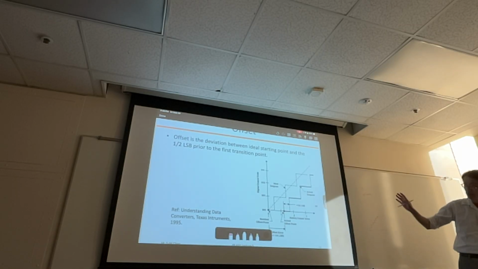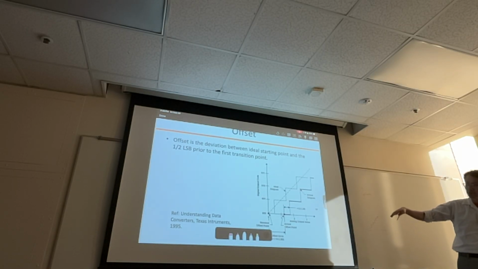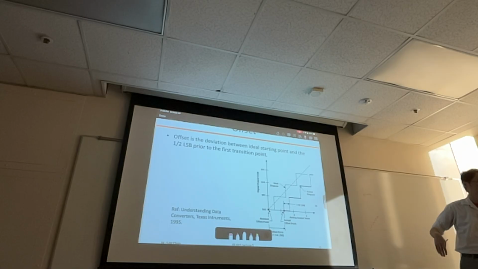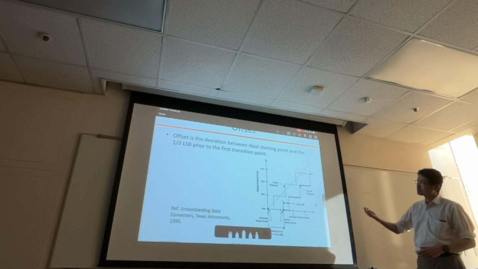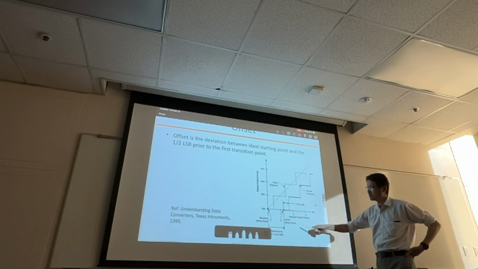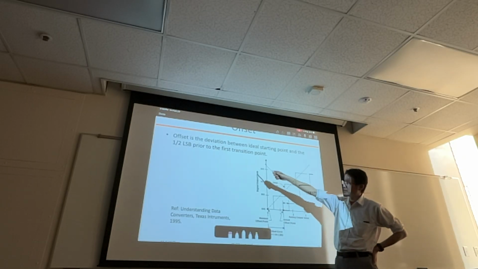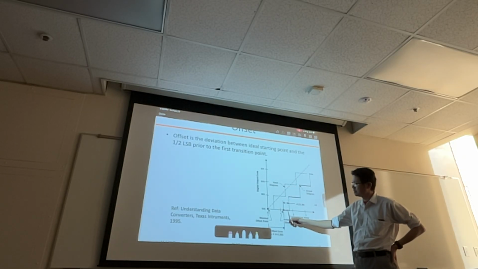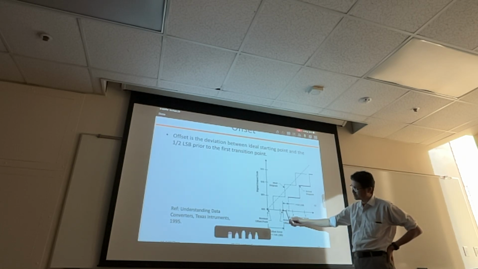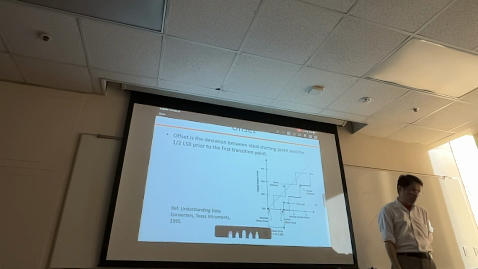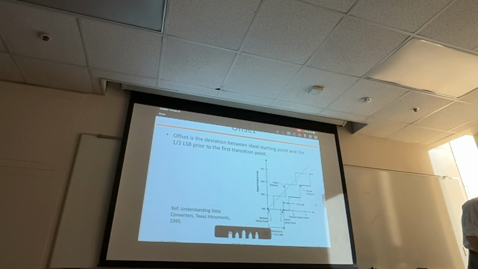But in this class, I'm just going to follow this TI's application notes. You look at the starting point and the midpoint, so basically half an LSB. Basically the midpoint of the first step, and you compare to the ideal point. That's how you compute the offset.